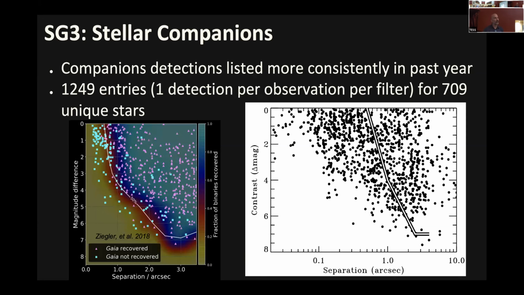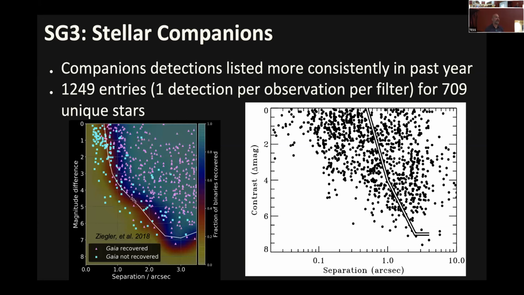And that line that he drew is sort of the guesstimate of the sensitivity of what Gaia is capable of detecting. And you can see that it does fairly well down to about half an arcsecond, and then really well out past an arcsecond. That same line I sort of drew on the figure on the right.